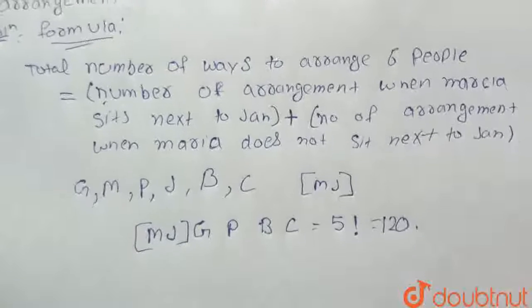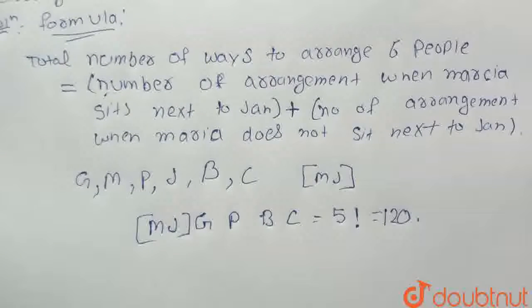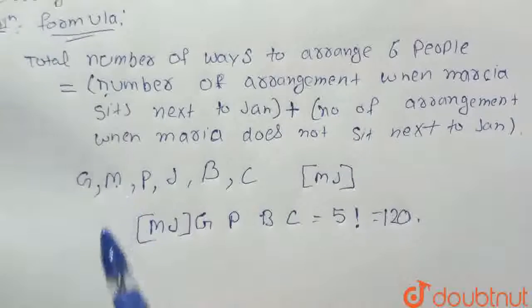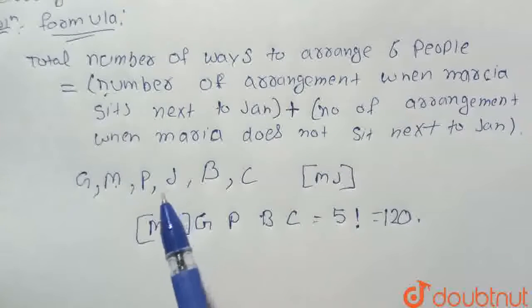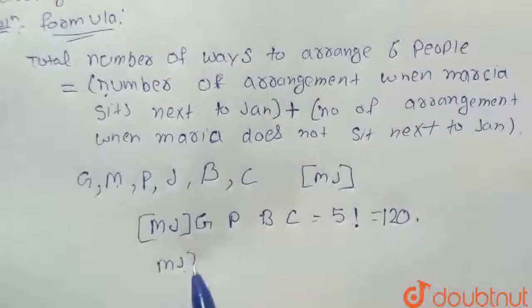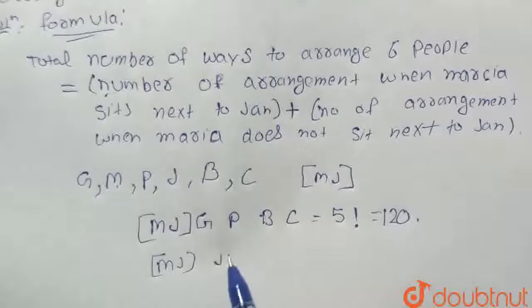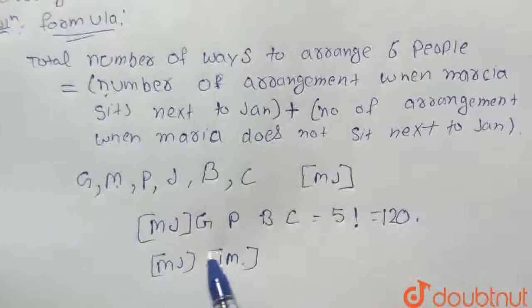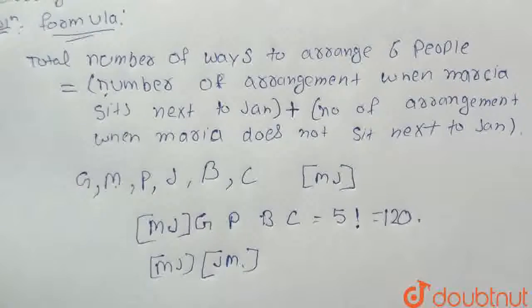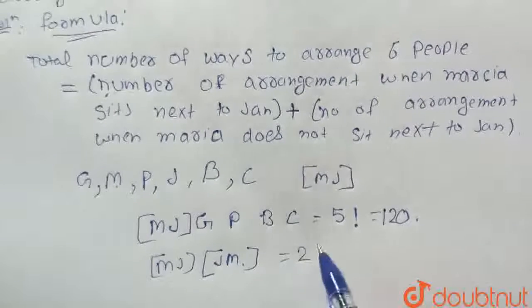Got it? However, we must also account for the ways we arrange Marcia and Jan. This is either MJ or JM. Thus there are two ways, that is 2 factorial.